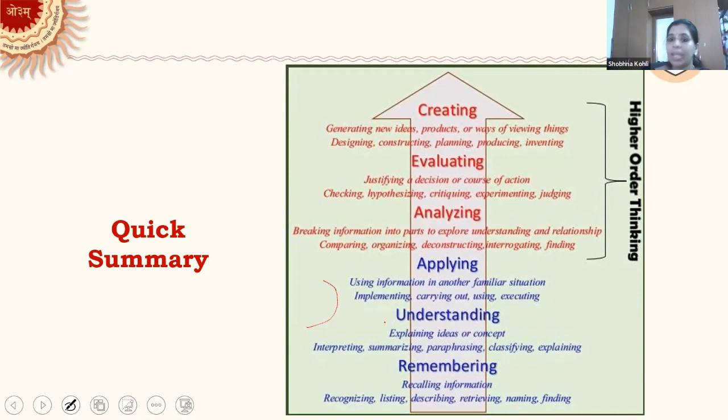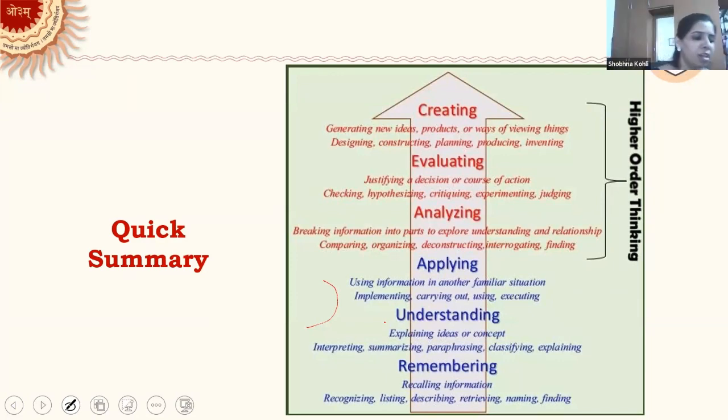Analyzing is breaking information into parts to explore understanding and relationships between the information. They have to connect all the things, and finally they reach the answer. Evaluating is justifying a decision or course of action. Creating is designing, constructing, planning, producing, inventing.